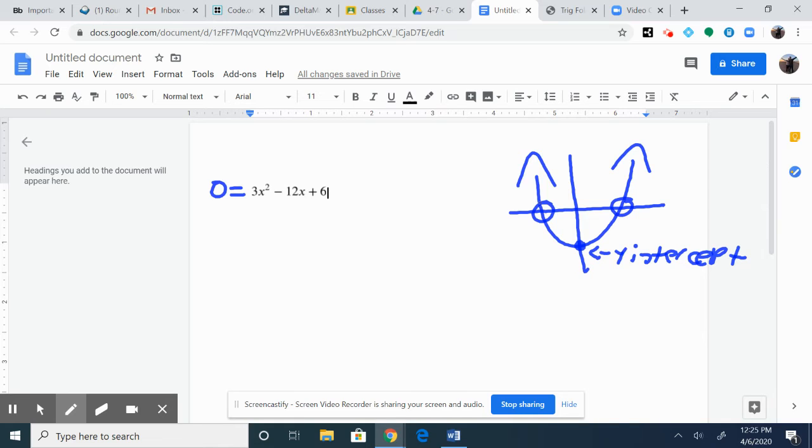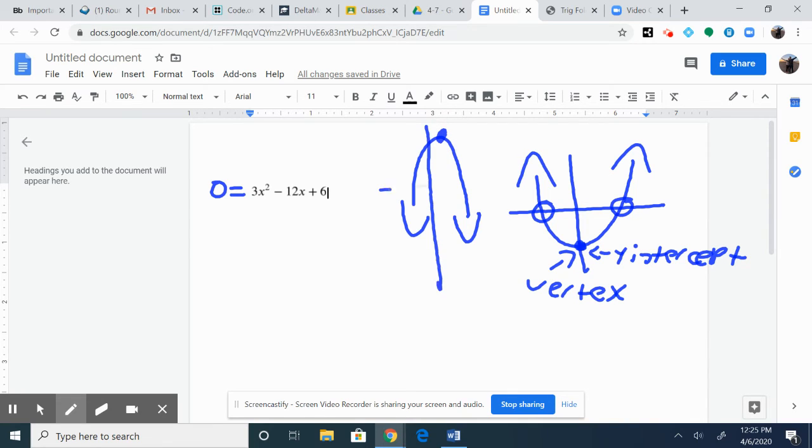Another piece of information is, of course, the lowest point, which in this case is also the y-intercept, but the lowest point, we would also call that the vertex. There's times when a graph might look like this, so the vertex would be up here, and maybe it crosses this way, and the y-intercept would be right here, just to show you the difference.